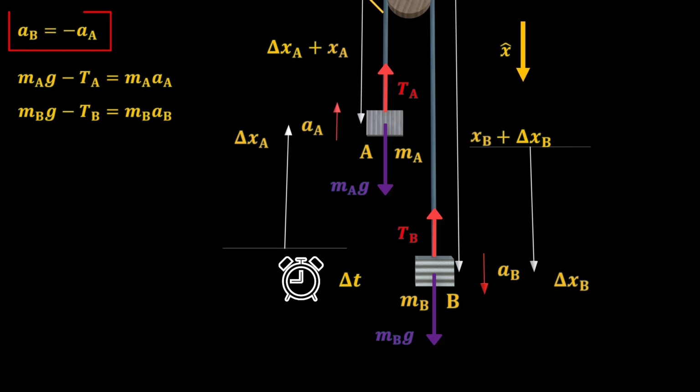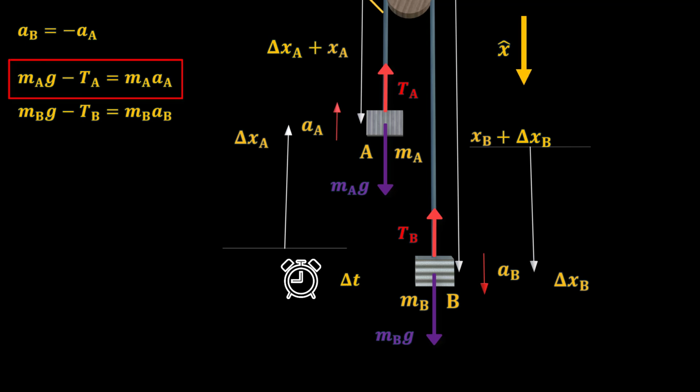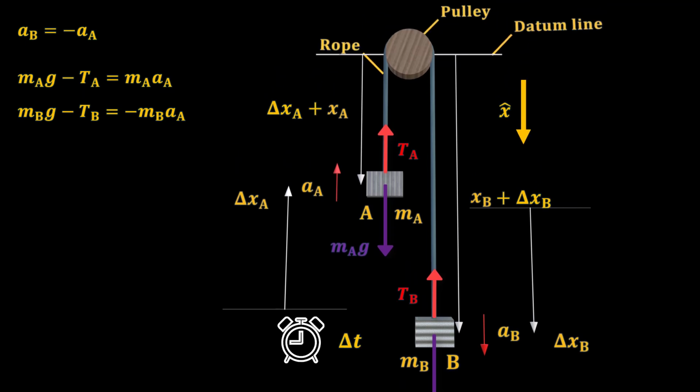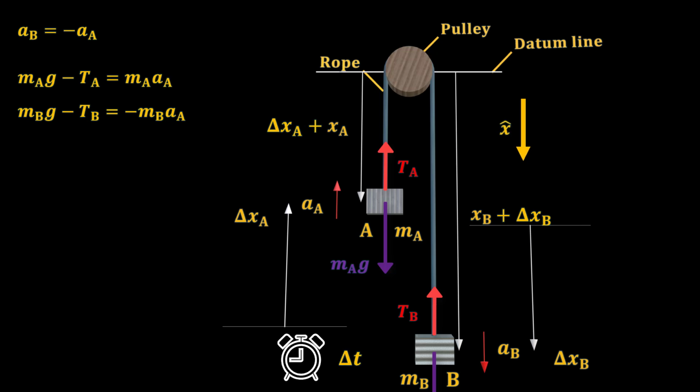Since AB is equal to minus AA, let us rewrite the equations in terms of AA alone. We have MAG minus TA equals MAAA, and MBG minus TB equals minus MBAA.